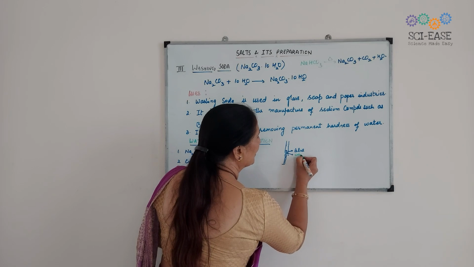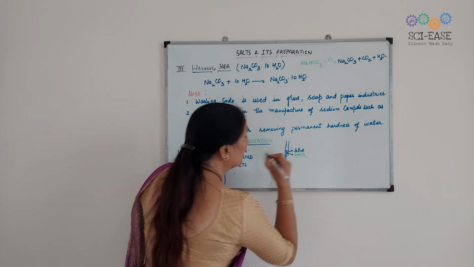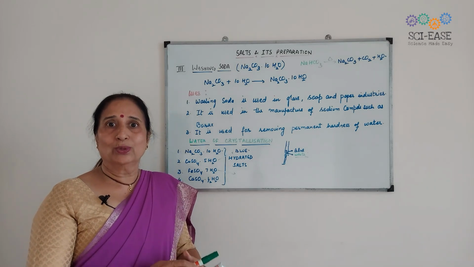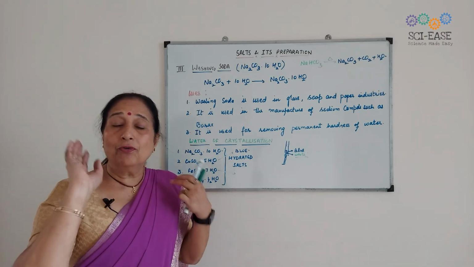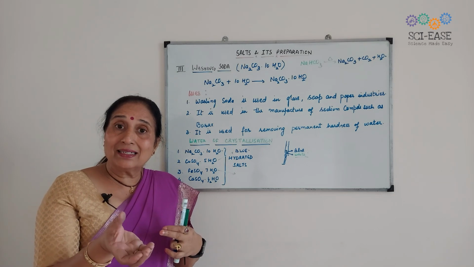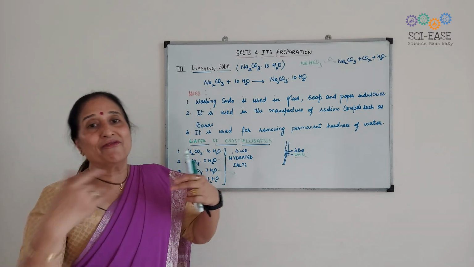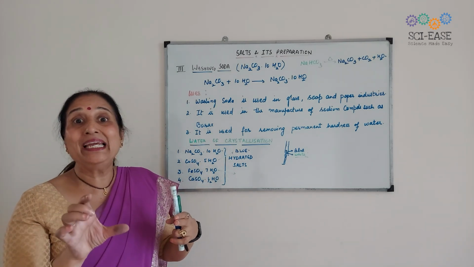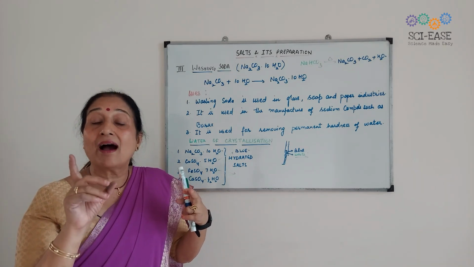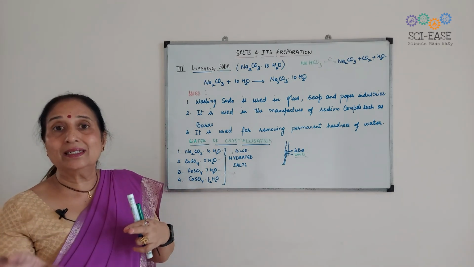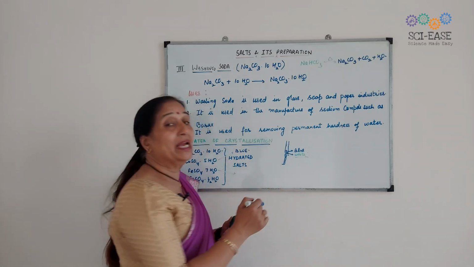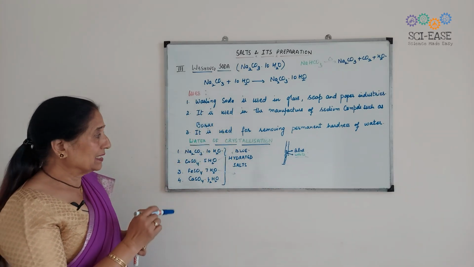So this experiment shows that the water molecules have been removed from this copper sulfate, and the salt has become anhydrous, without the water molecules. The salt which is left behind is white in color.